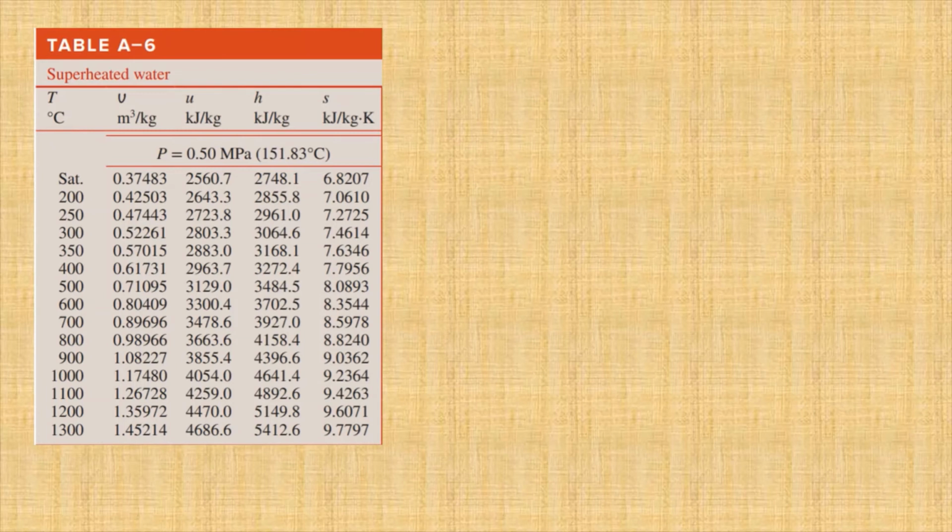Pressure P is equal to 0.5 megapascals, and specific volume V is equal to 0.52256 meters cubed per kilogram. Each temperature in this box corresponds to a value of specific volume. And as the temperature increases, so does the specific volume, as we can see here.